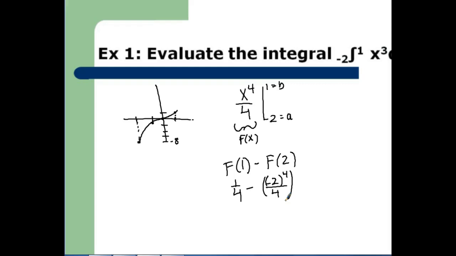Negative 2 to the 4th would be 16, 16 over 4. We'll leave it as 16 for now because 1 minus 16 is easier, giving you negative 15/4. Do we logically understand that this side has way more area than this side, hence why our integral is negative? Continuous function on the interval, found our area.